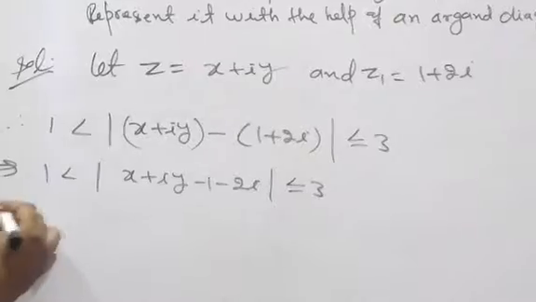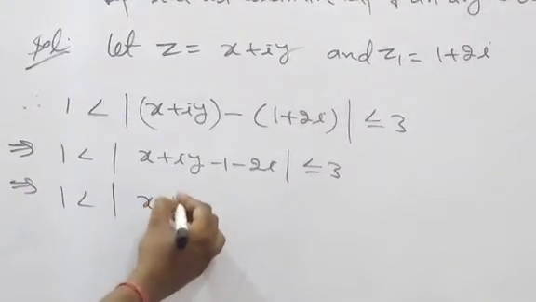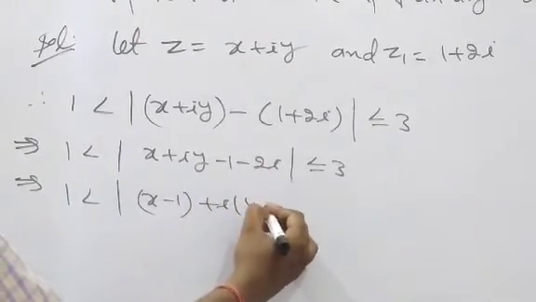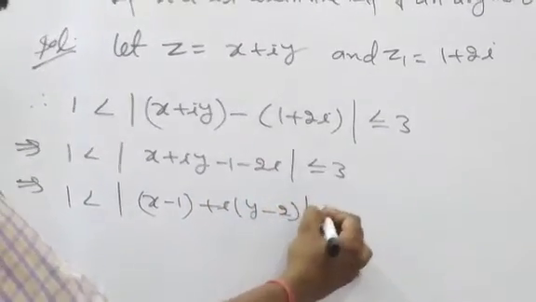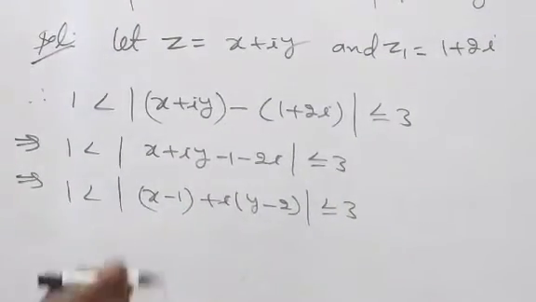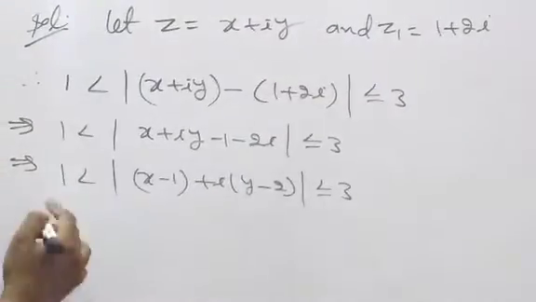Clear? 1 is less than x minus 1 plus i y minus 2 is less than 3. Understood? Very simple. Now this is in the form of a plus ib.